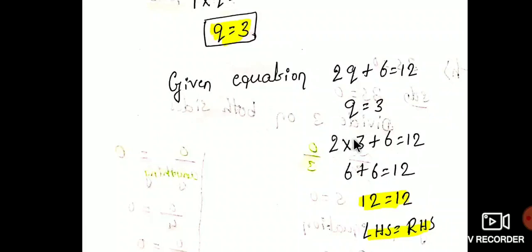That is 2 into 3. 2 into q means 2 into 3 plus the next number 6 is equal to 12. 2 threes are 6, plus 6 is equal to 12. 6 plus 6 means 12 is equal to 12. Yes, compulsory. Therefore LHS is equal to RHS. Therefore the value of q is equal to 3 is the solution for the given equation.